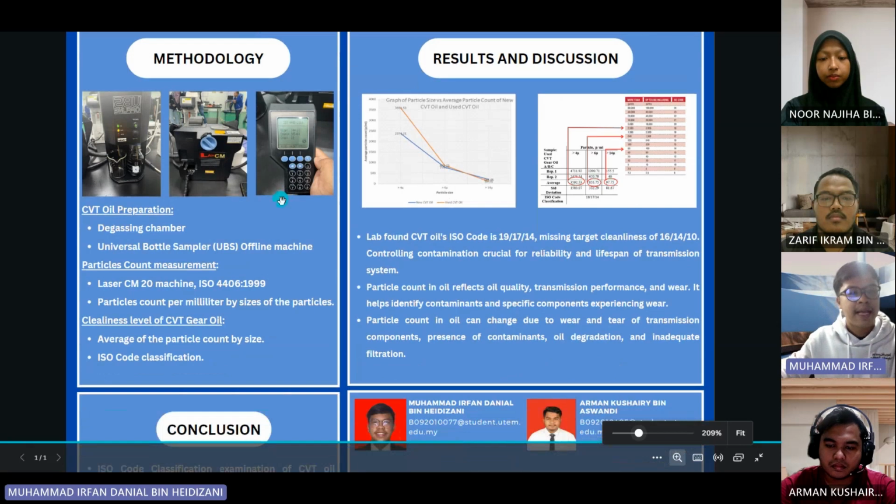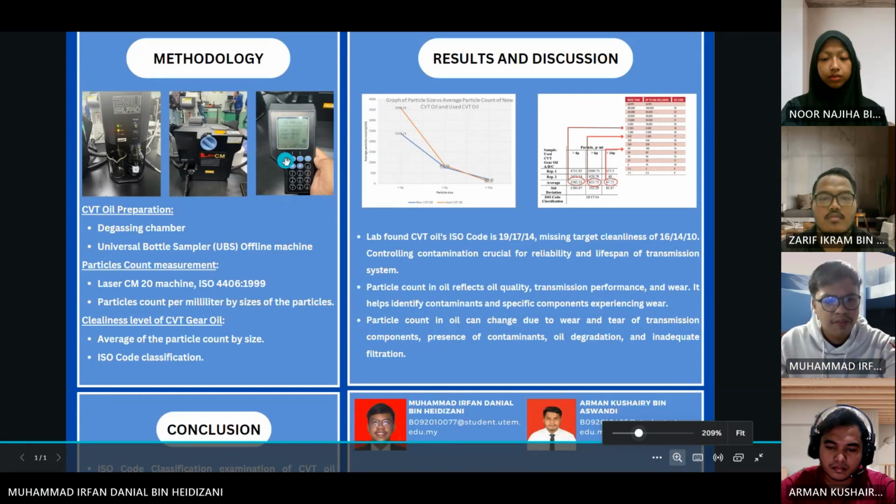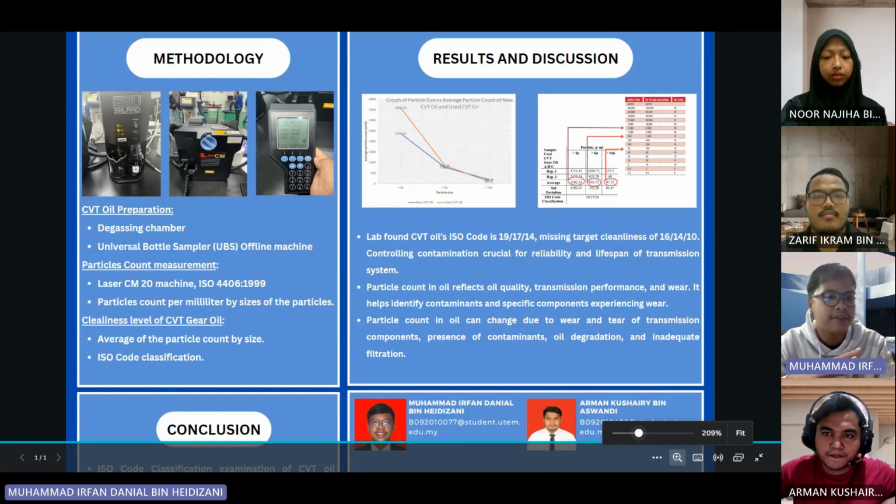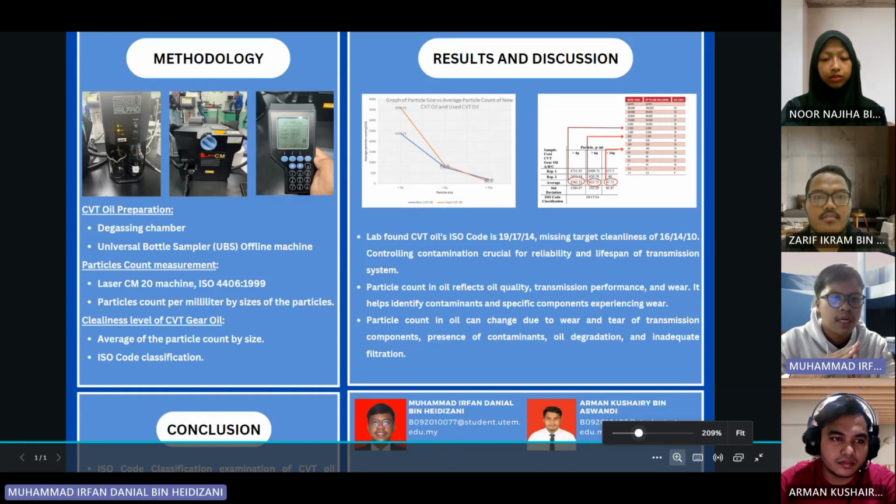To investigate the cleanliness level of the CVT oil, we use the average particle count by size, for example 4 micron, 6 micron, and 14 micron. We take the average particle count per size to relate it to the ISO code classification, and we can determine the cleanliness level of the CVT gear oil.